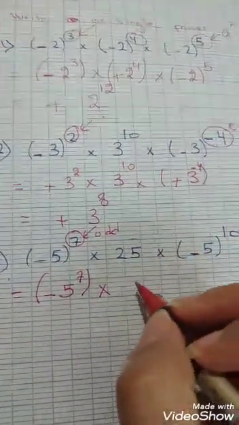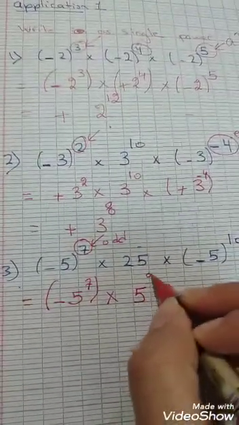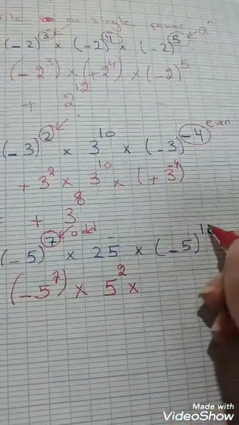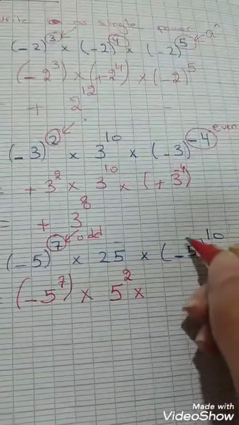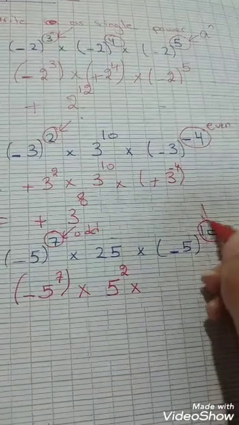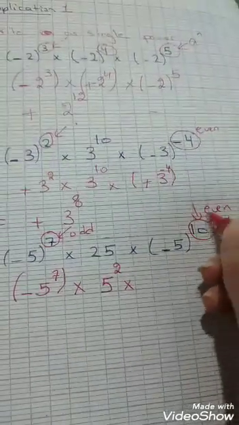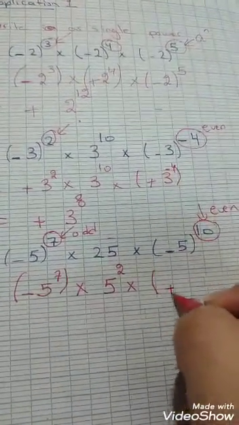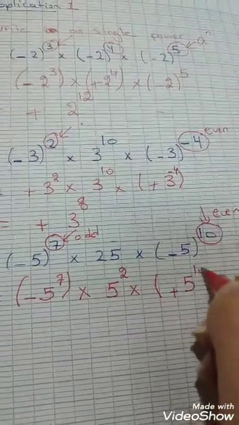So I will change it to 5 to the exponent 2 times minus 5 to the exponent 10. The base is negative, the exponent is 10. Is 10 even or odd? 10 is even. So minus and even means plus 5 to the exponent 10.